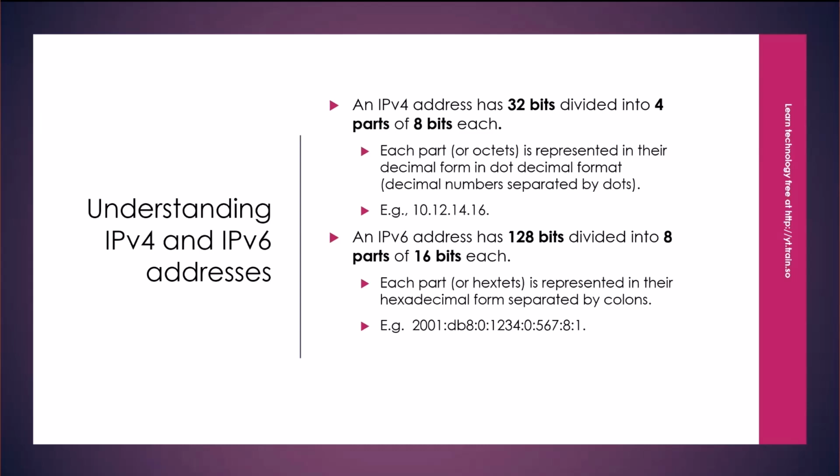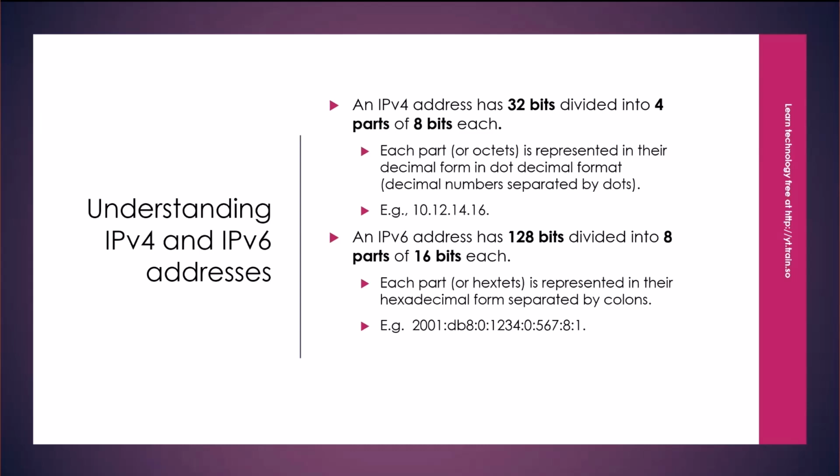Okay, so each part of an IPv4 address is also called an octet and is represented in its decimal form in dot decimal format. So this, 10.12.14.16, is called a dot decimal format.